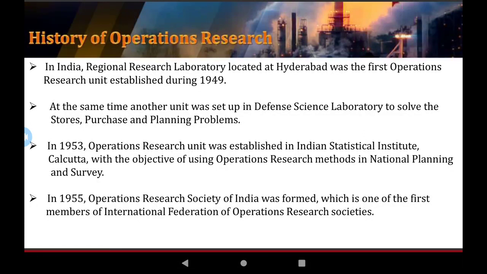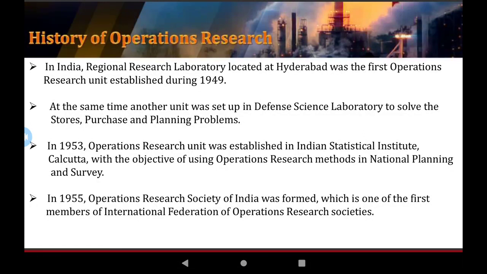Another unit was sent to the Defence Science Laboratory to solve the storage problems. Okay, so all the different departments, laboratories, research labs and libraries, some of the important laboratories for chemicals and different levels of industries and research laboratories of large organizations.